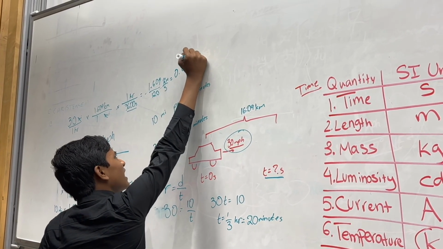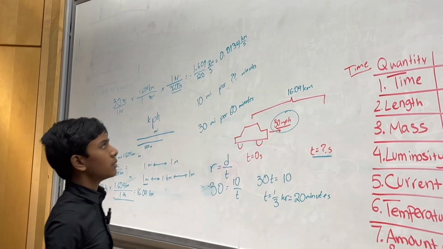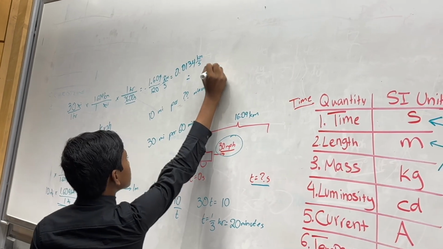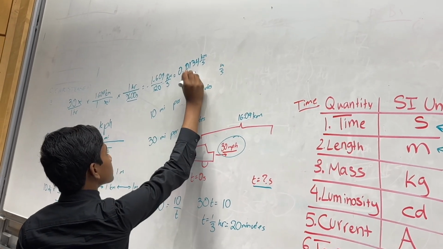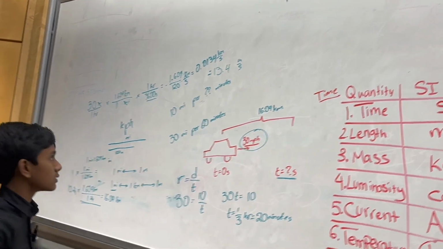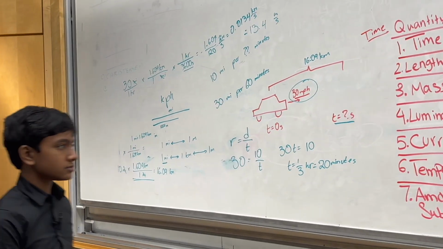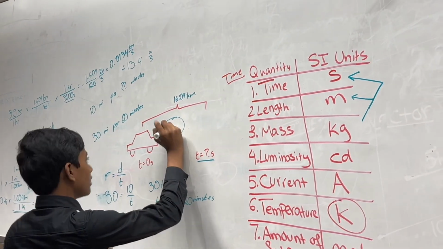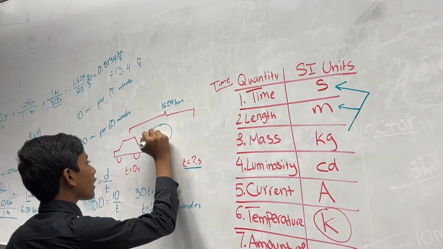And you might think, hey, that seems pretty slow. But since this is kilometers per second, when it comes to meters per second, it's actually huge at a whopping 13.4 meters per second. All right, great. So now we've converted this to a valid unit as well.